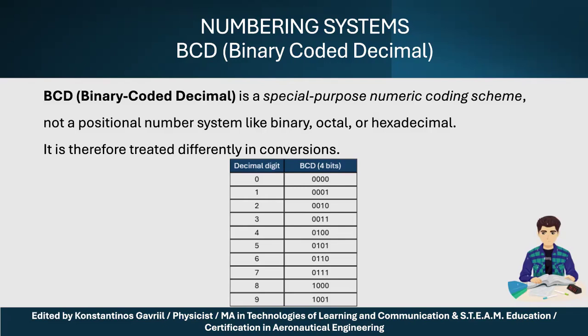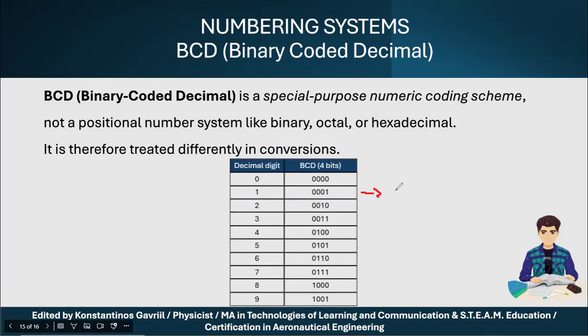You can realize here that we have the binary way that is expressed as 0 times 2 to the power of 3 plus 0 times 2 to the power of 2 plus 0 times 2 to the power of 1 plus 1 times 2 to the power of 0.